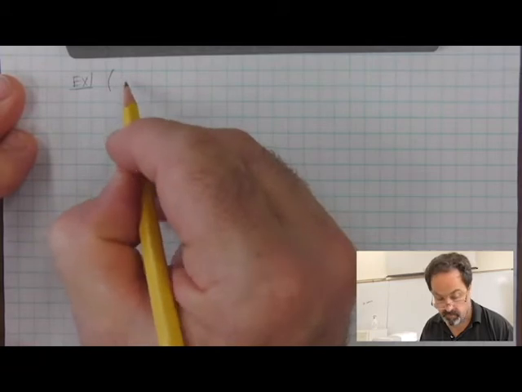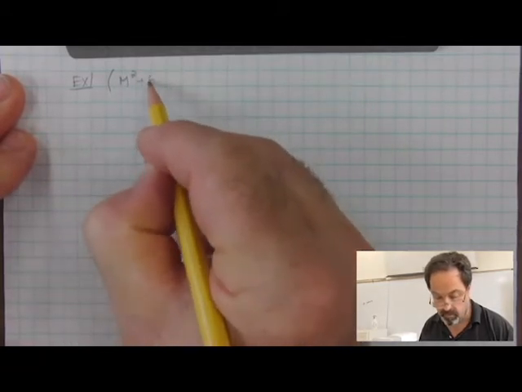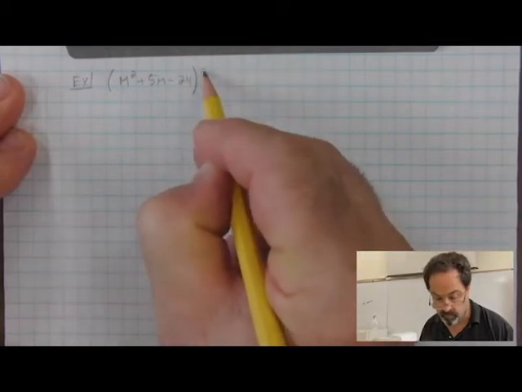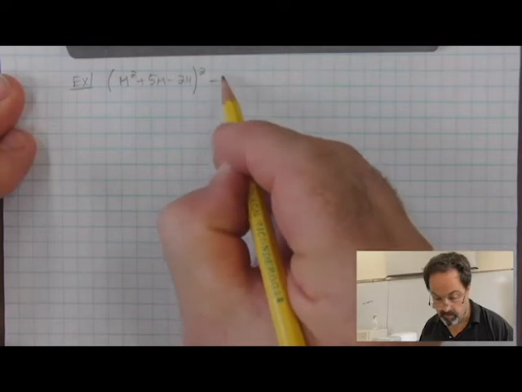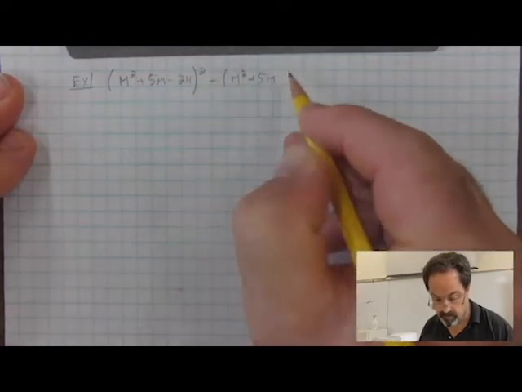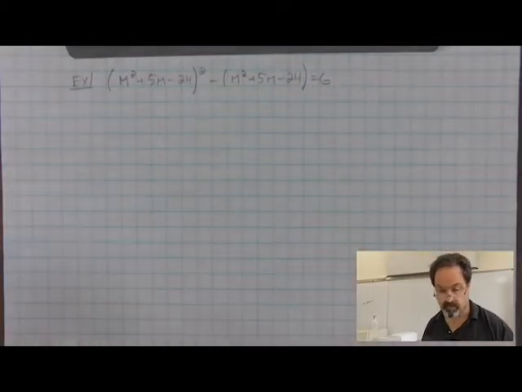We have a complicated problem: (m squared plus 5m minus 24) all squared minus (m squared plus 5m minus 24) is equal to 6.